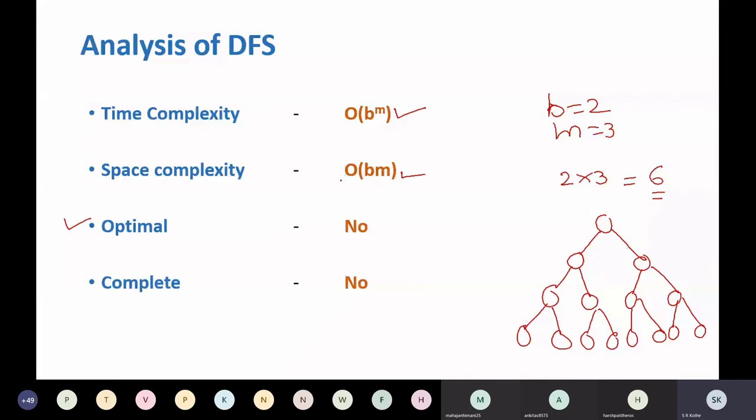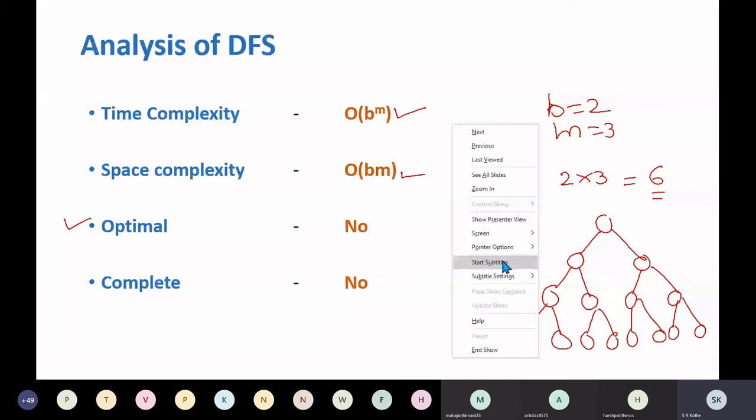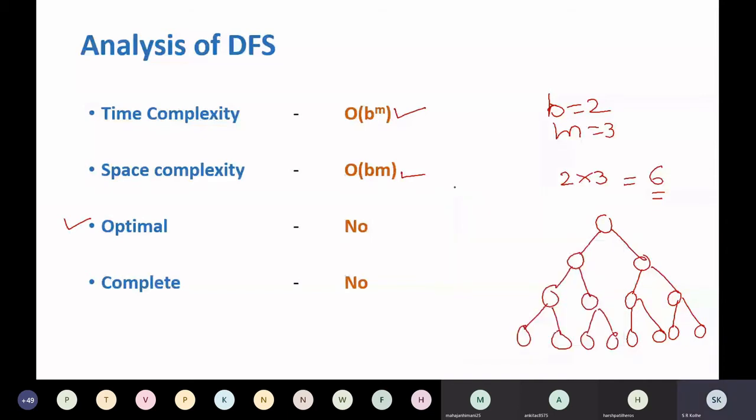For example, suppose one of the goal nodes is here. What is the solution path? This is the solution path. Let us name the nodes S, A, B and G1. So the solution path is S, A, B and G1.